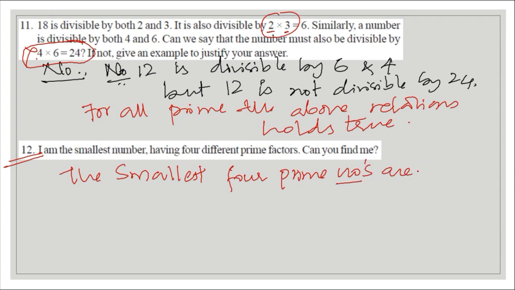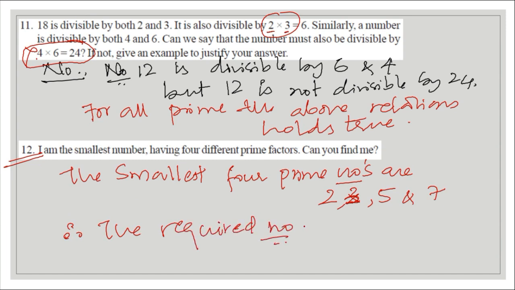They are 2, 3, 5 and 7. Therefore, the required number will be the product of these prime numbers, 2 into 3 into 5 into 7. If you multiply, you will get 210. So 210 is the smallest number having 4 different prime factors.